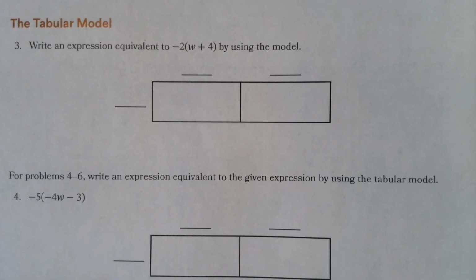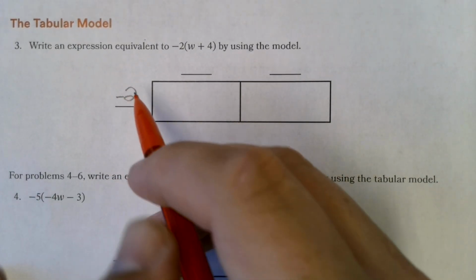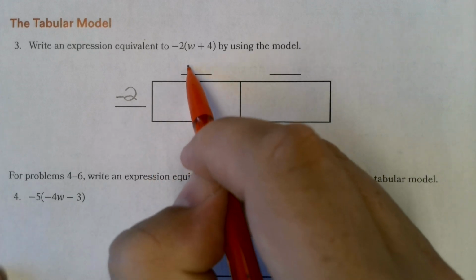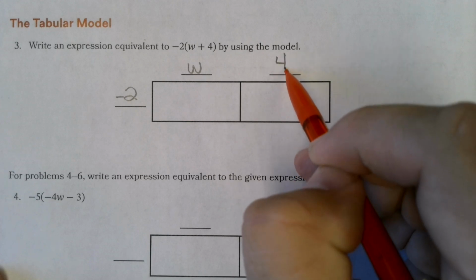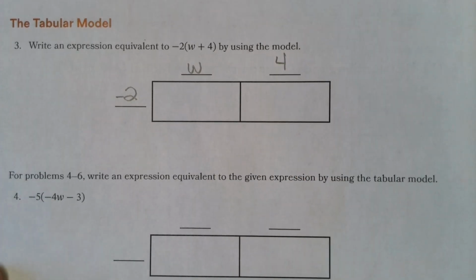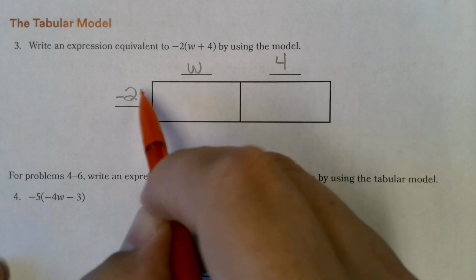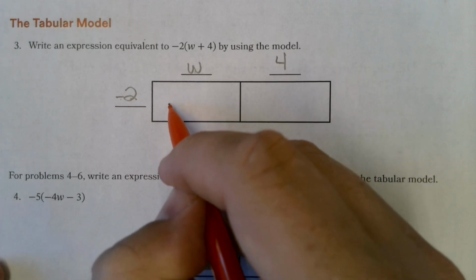On the next question, number 3, we're going to have -2 out in front of the boxes. Again, the first blank is going to represent your first term. The second blank is going to represent that second term. So if I have -2 times W, well, a negative times a positive makes a negative.